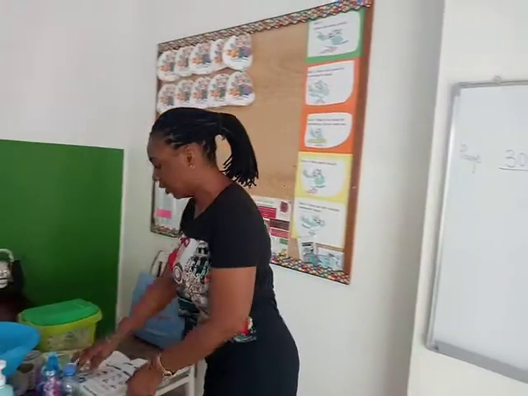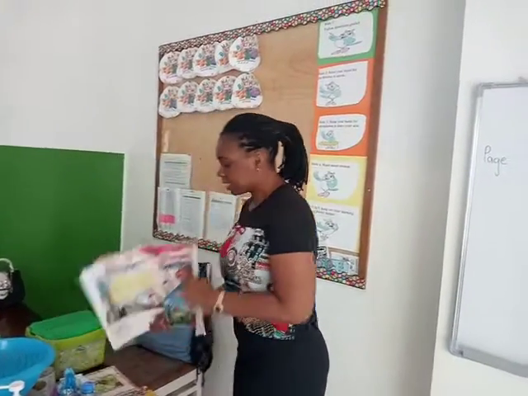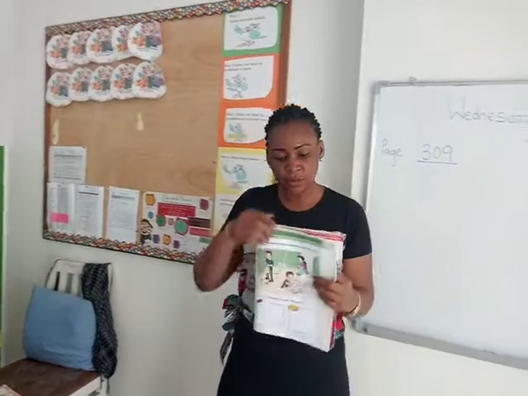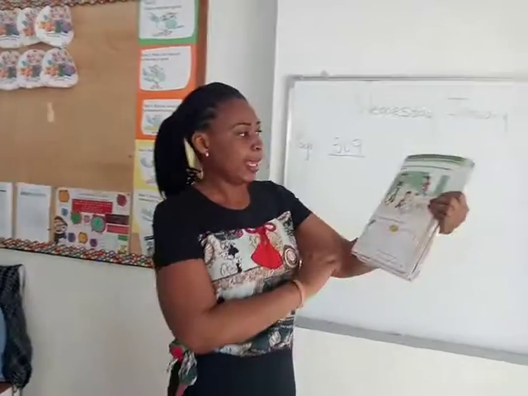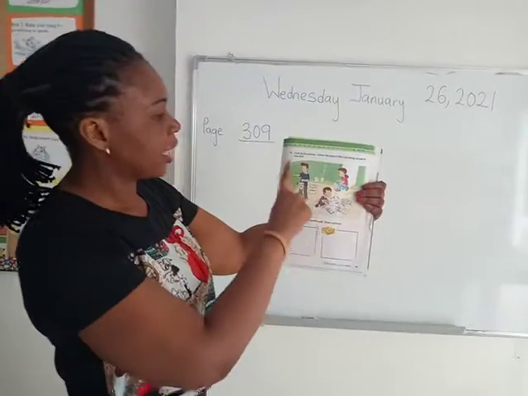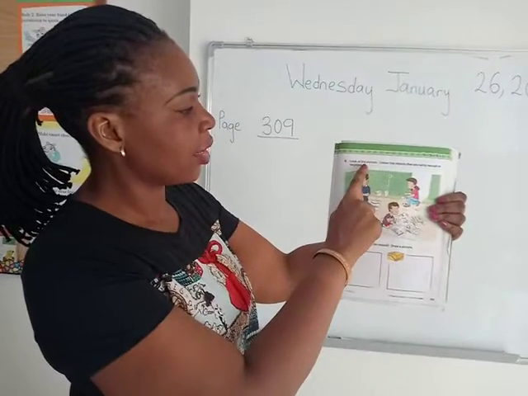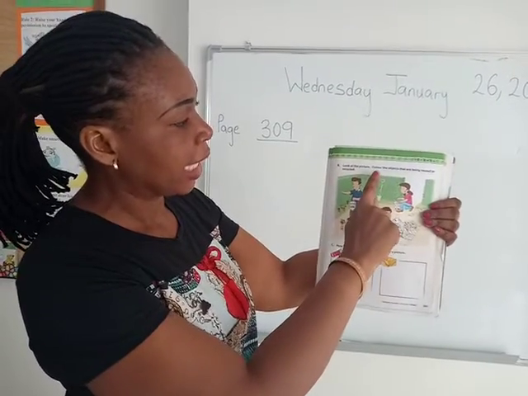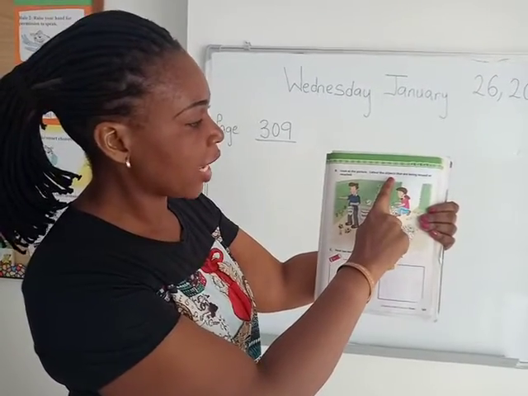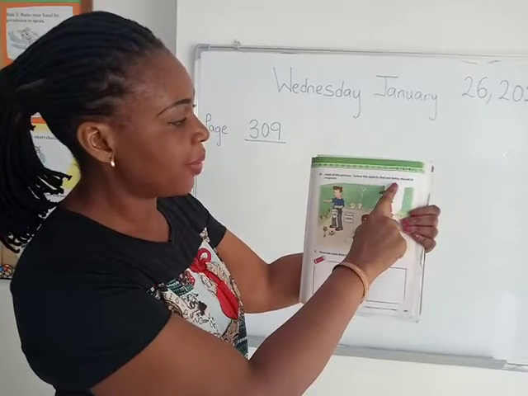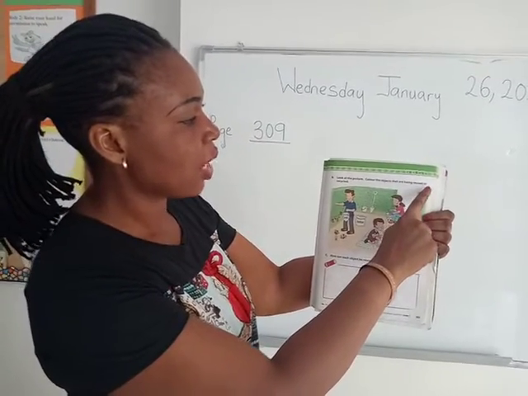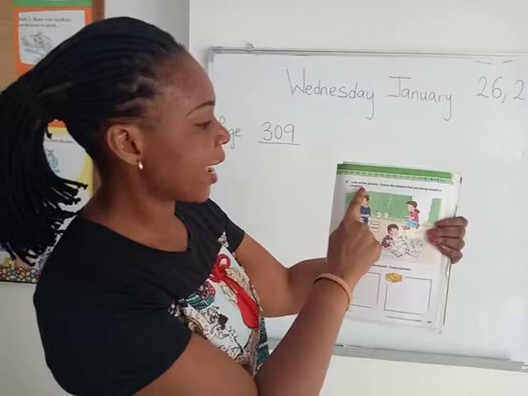And then when you're done with the date, it's a fun activity in the book for us to do. The instruction says, look at the picture. Color the objects that are being reused or recycled.